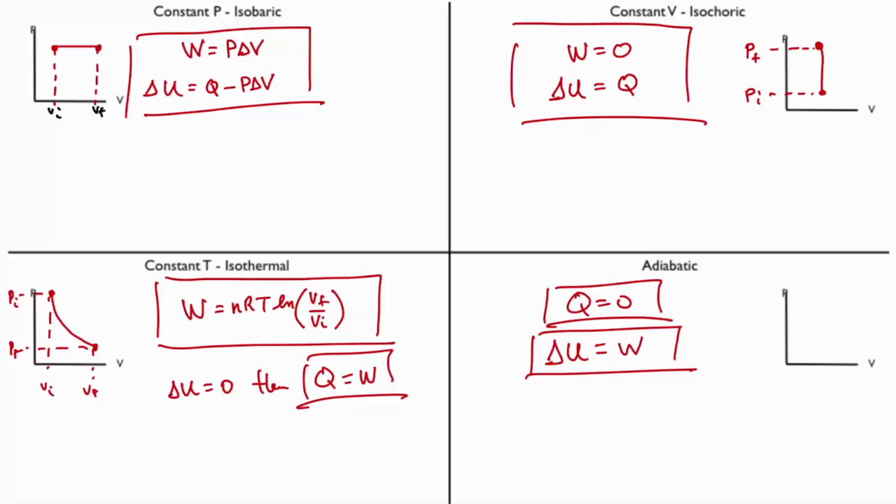An adiabat looks weird. An adiabat is the curve that exists between two isotherms. Temperature, volume, and pressure are all changing. An adiabatic curve will be the curve that links two isothermal curves.